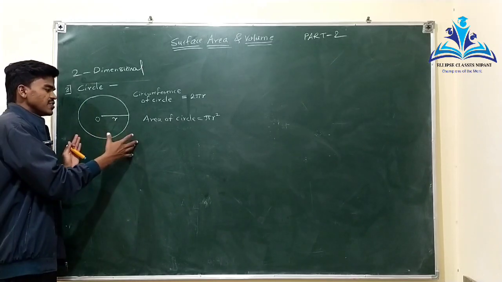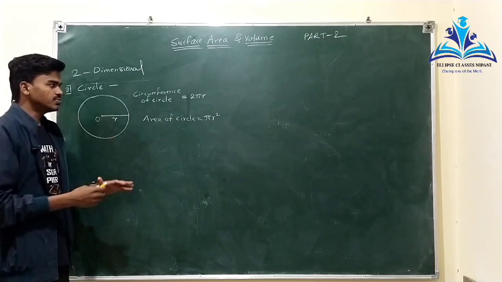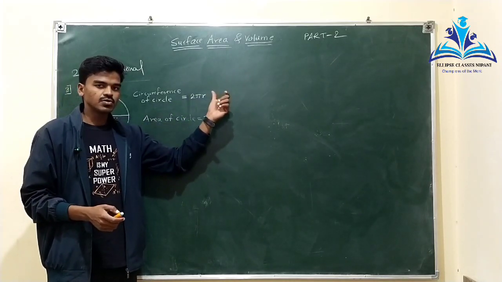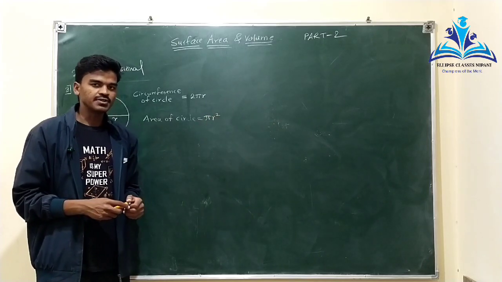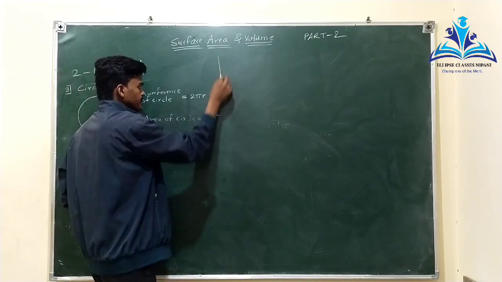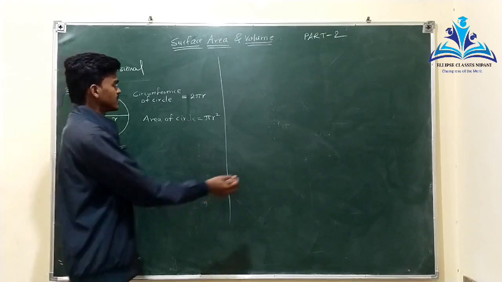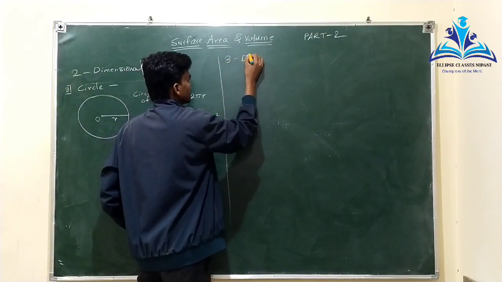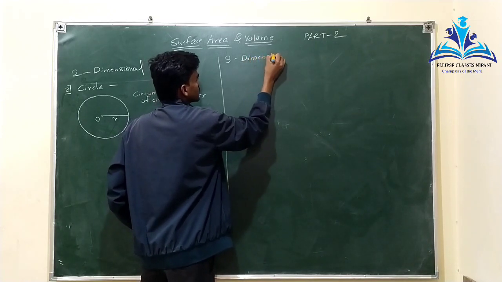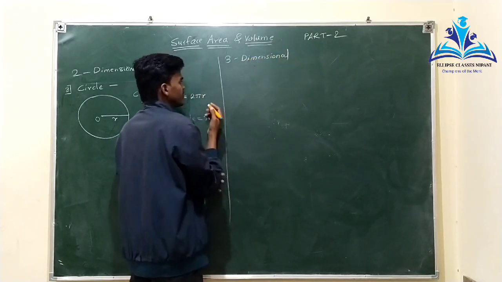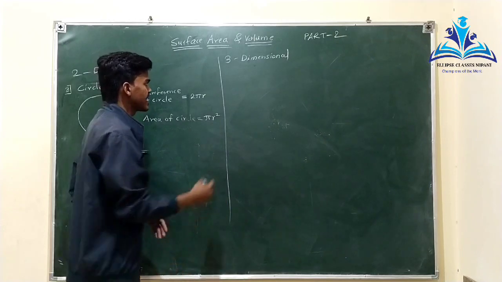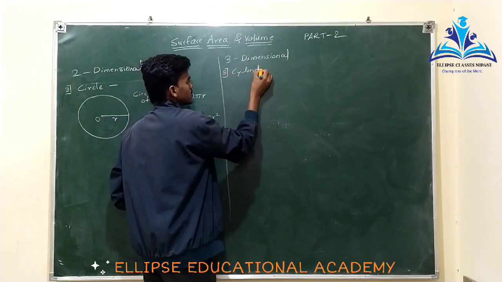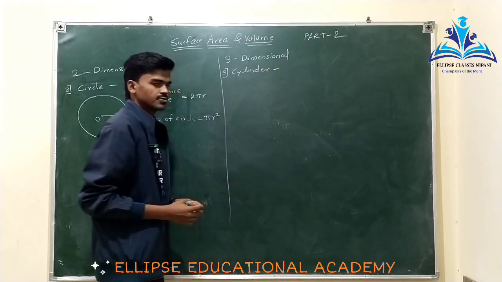Now, using this information, we need to find the area and volume of a cylinder. So let's see. In three-dimensional figures, we need to discuss the third diagram, the cylinder.